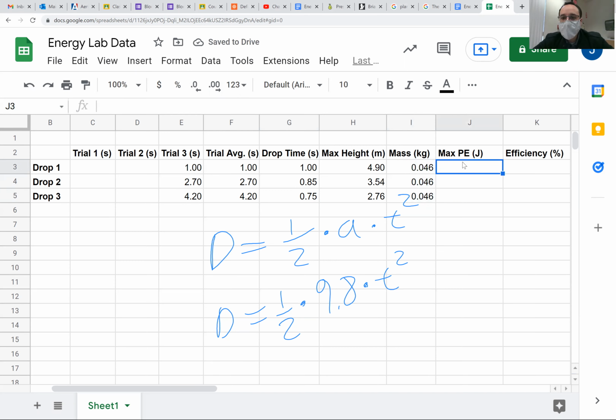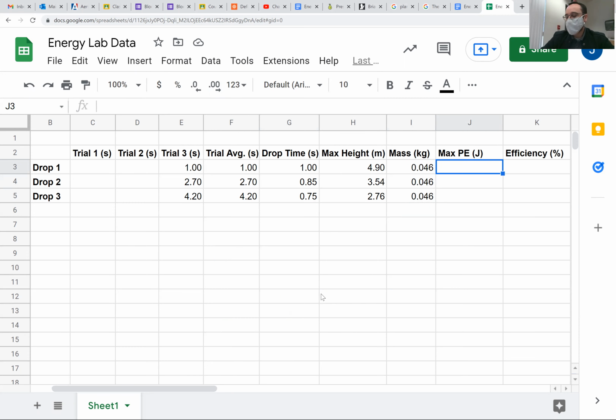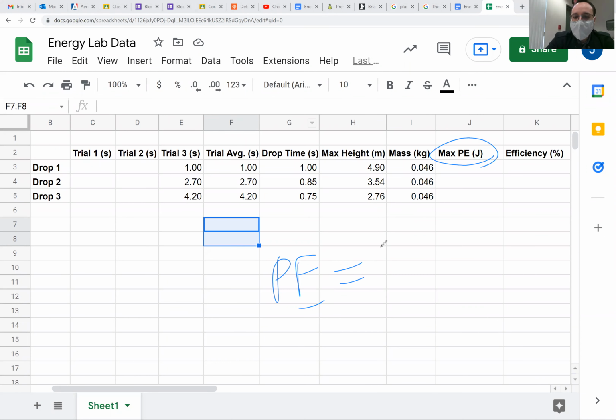This is the one that you need to do, the maximum potential energy. So follow closely, because I'm not going to plug this in for you. You need to remember that potential energy equals mass times gravity times height. So what you have to do is plug in your height value. For this particular cell, that's going to be H3.